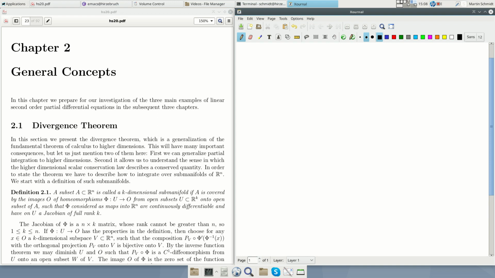In the first section, we will prove the divergence theorem. This needs some preparation. Let me state it, so that you already know where we want to go.